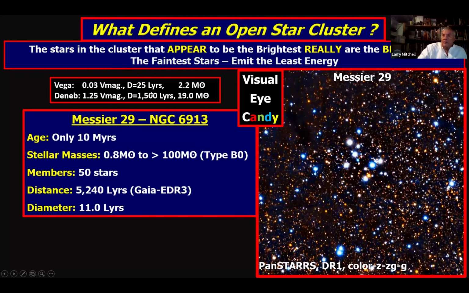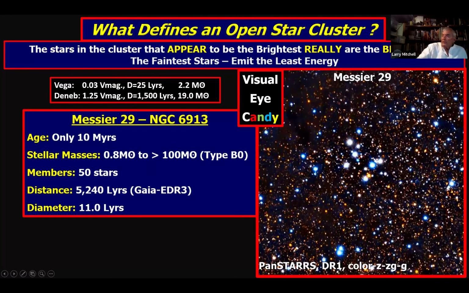So this is a good example where we lose perspective of what is bright and what is dim and why it is that way. When we look at an open cluster, these bright stars are really bright. They're brighter than that star, and that star is brighter than that star, and so on, because all of these stars are at the same distance.